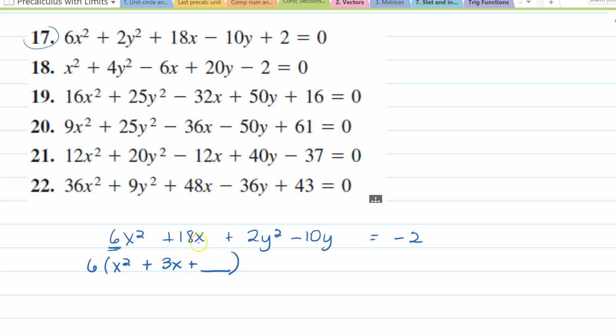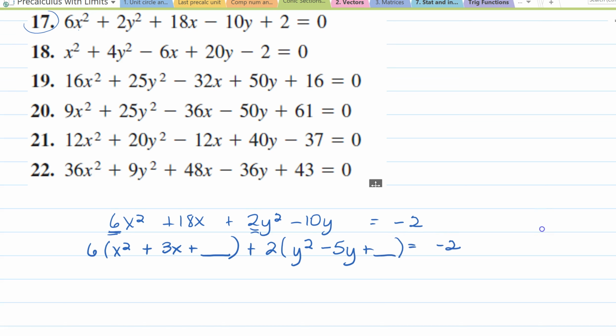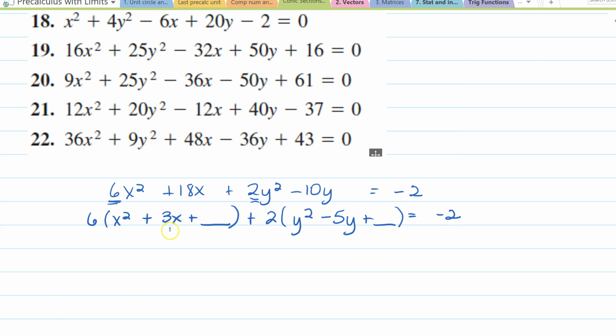I'm setting this up to complete the square for the x's, and I'm going to do the same for the y's. Plus, the coefficient's 2, so it must come out: y², and I divide it out of the linear term as well, -5y plus blank is equal to -2. Now I'm going to complete the square.